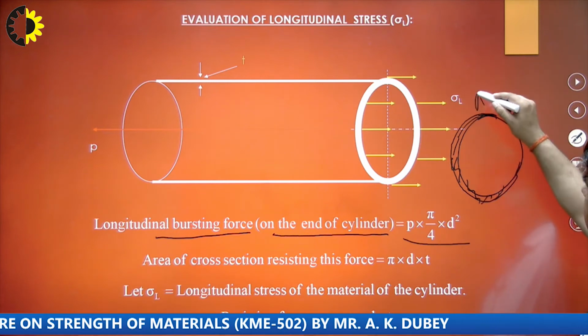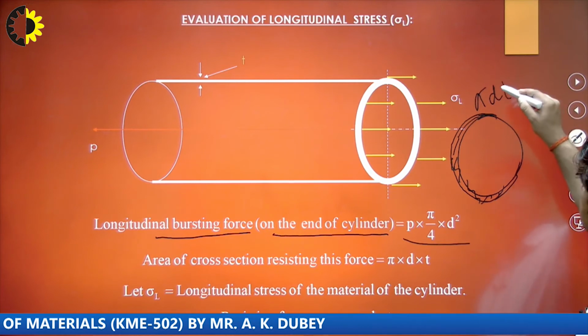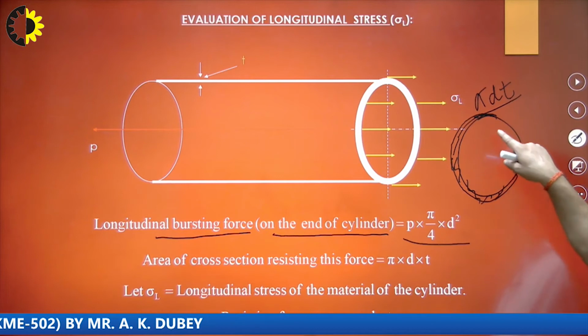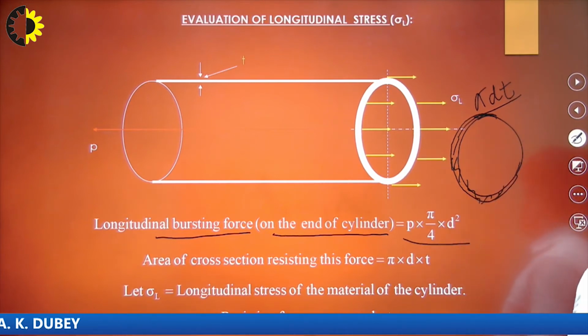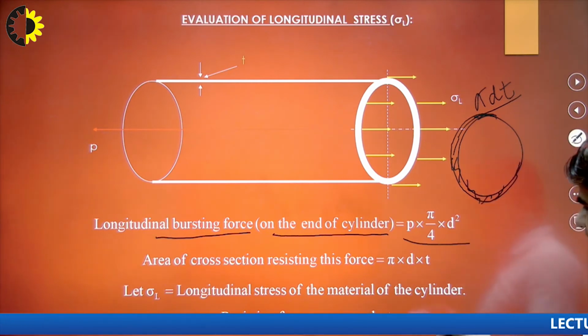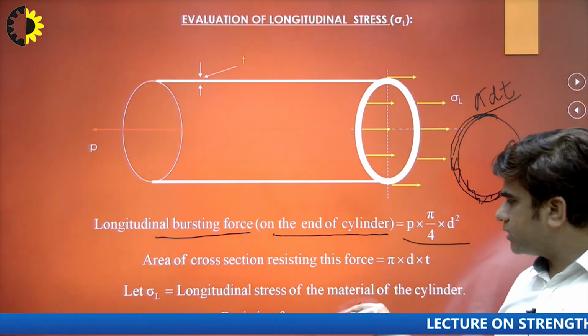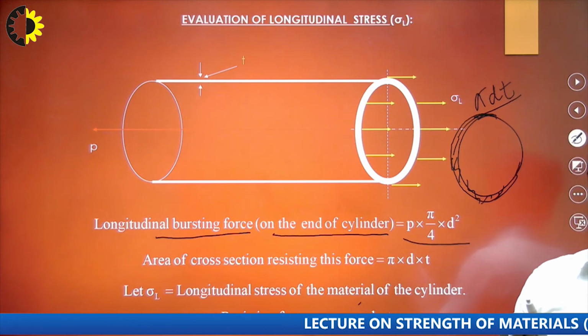Circumference pi d into t. Circumference pi d into t is the area of this circular end, and this is the resisting area. So if we multiply with the resisting stress, I will find the resisting force.